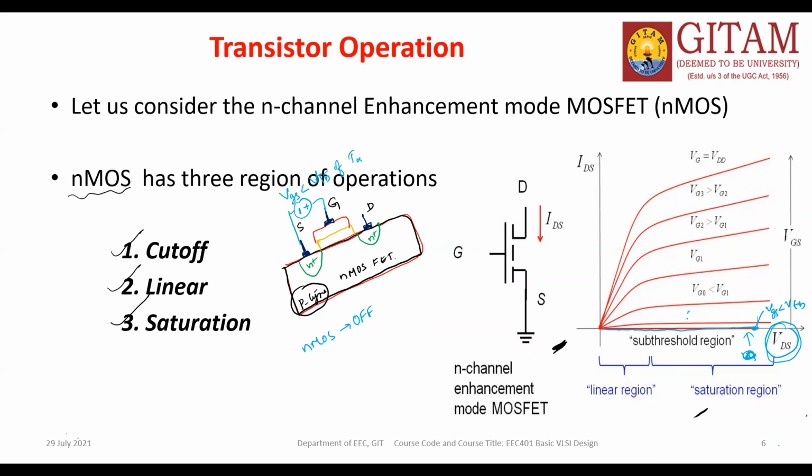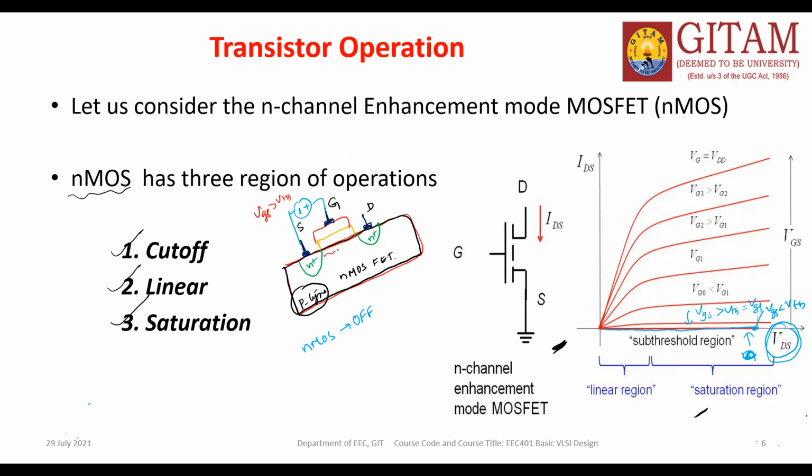Let us consider the second case. If the VGS value is greater than the threshold voltage of the transistor, for example VG1, I am applying a potential such that VGS is greater than VTH.